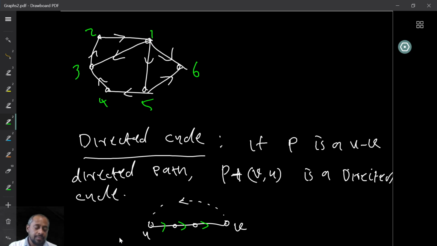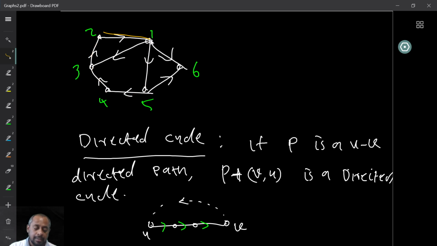Now, if you look at this graph above, you can see some directed cycles. For example, 1 to 3, 3 to 2, and 2 to 1 is a directed cycle. Similarly, 1 to 5, 5 to 4, 4 to 3, 3 to 2, and 2 to 1 is another directed cycle.